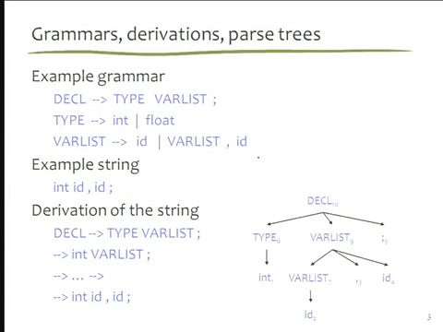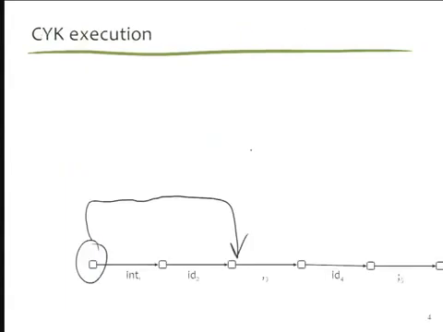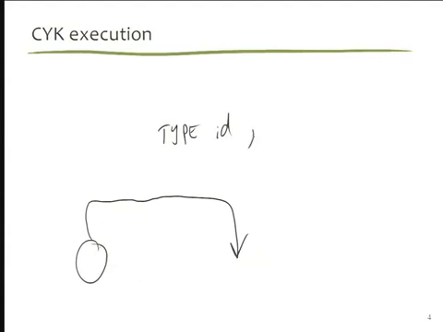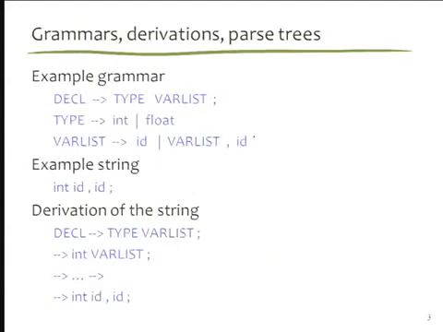So which are we using now? Are we using this one? Okay. We don't quite have a production for this, right? Because what we have here, we have found type ID colon, okay? And there is no such right-hand side in this grammar.